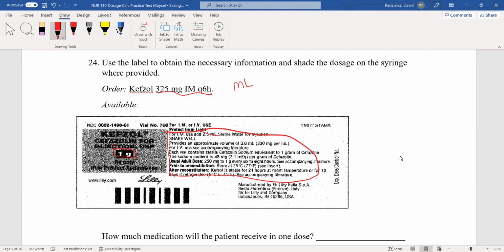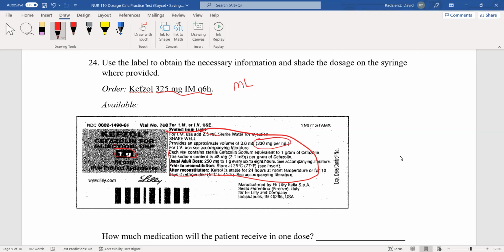Then it tells you after you add the 2.5 milliliters, it will give you an approximate volume of 3 milliliters. Again, I don't really need to know that unless I don't have any other information in order to calculate a grams per milliliter or milligrams per milliliter. What I'm looking for is this right here, where it says 330 milligrams per milliliter.